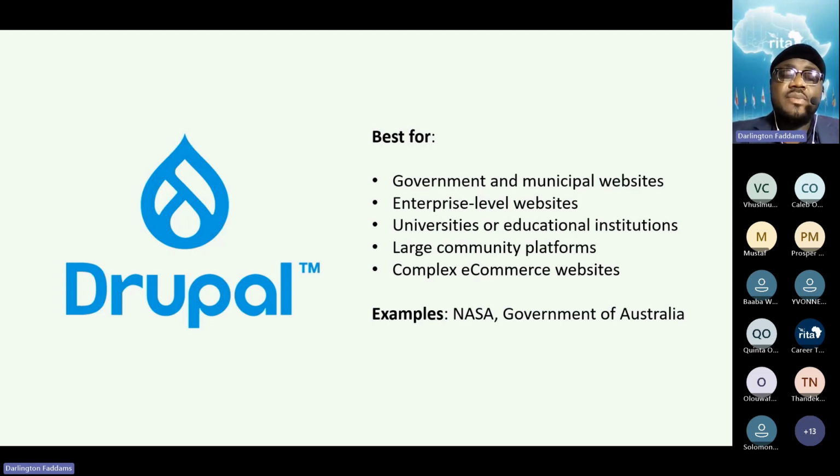Example, NASA uses Drupal, the Government of Australia uses Drupal, and Drupal is good for advanced and highly secure enterprise websites. And Tesla is just using Drupal, and other popular organizations are using Drupal. All right.